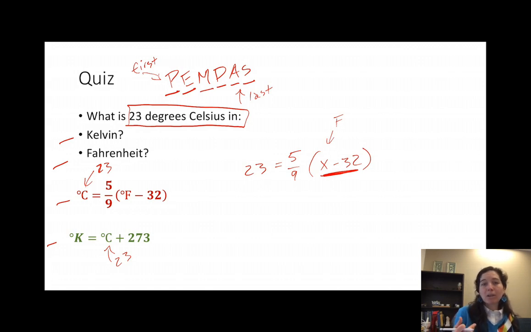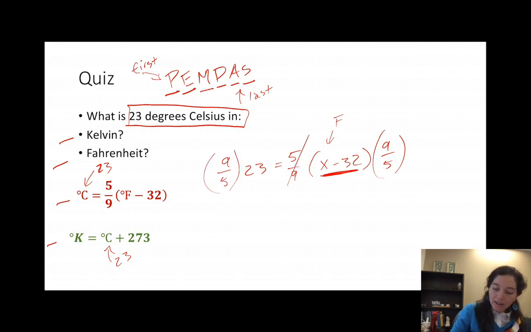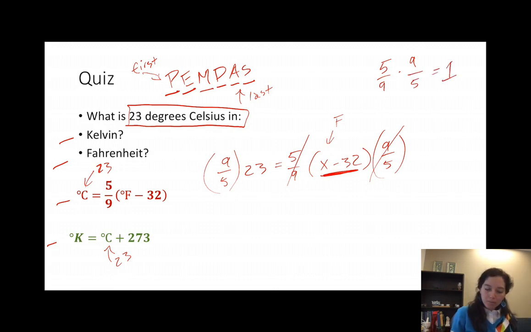So we're going to do our multiplication and division first. I'm going to use the inverse of 5/9 and multiply both sides by that in order to cancel this out, because 5/9 times 9/5 just equals 1. That's why we can do that. 41.4 is equal to x minus 32.